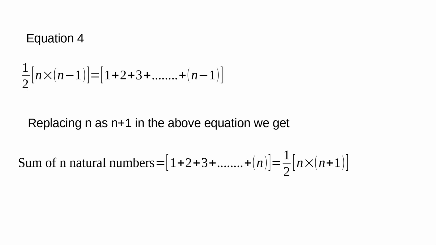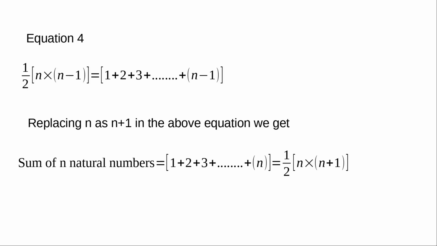Now we replace n with n plus 1 in the above equation, and we get what we had set out to prove. We can do this in mathematics because n is any number. So we can replace it with any other number. n is any number that you can imagine, so I have imagined n as n plus 1.